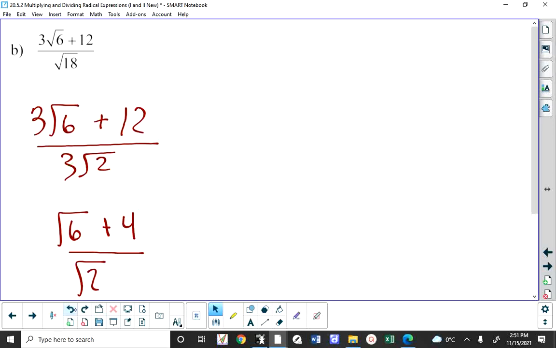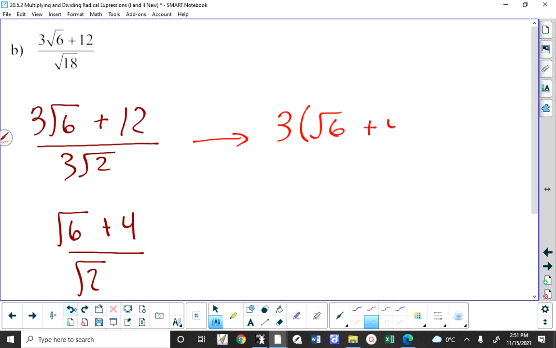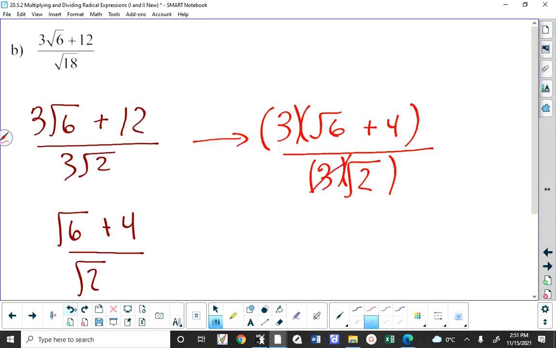However, the reason that works is because I can take a 3 out of the numerator, a common factor of 3. I'm not really taking a 3 out of the denominator, but the bottom line is I have a factor of 3 on the top and the bottom. That's why that works.